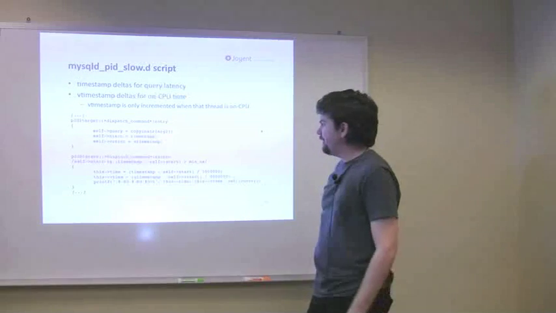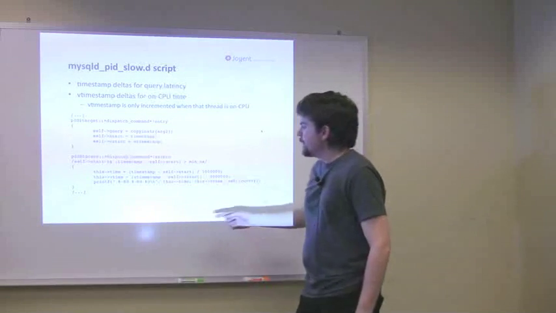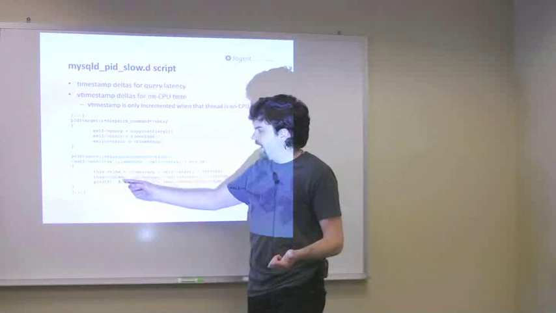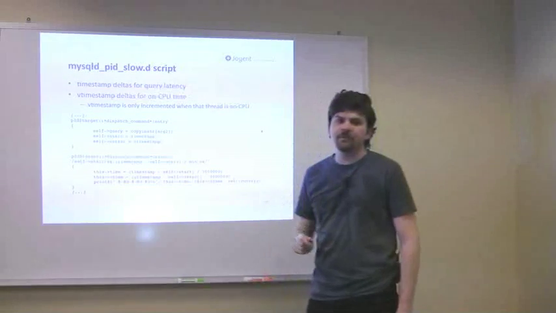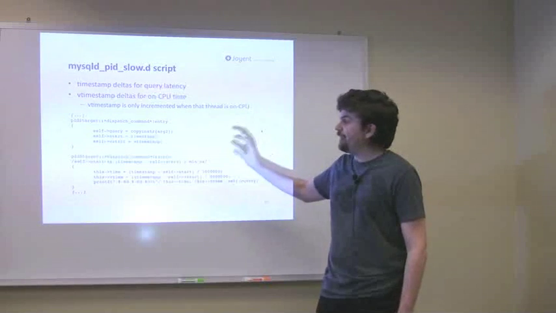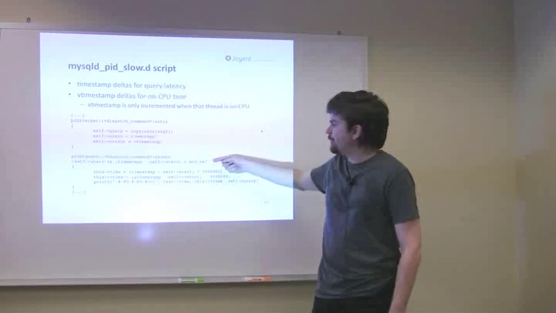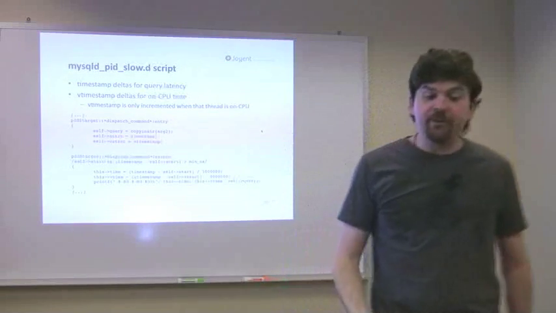When that dispatch command finishes, if it was longer than the query we're after, we can do both the query latency and then the on-CPU time. On-CPU time is the delta of v-timestamp. That's how I was able to print out those two columns. So it turns out to be a very, very simple script. 2 probes, a predicate, and a printf statement. But a very useful script.